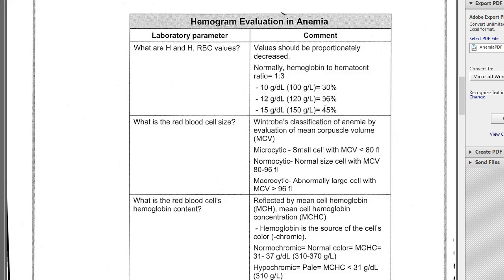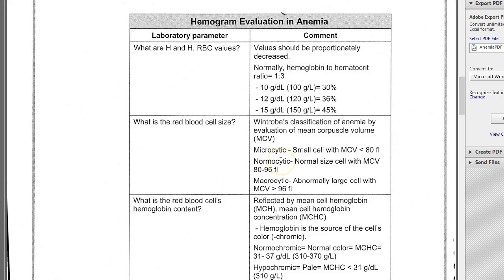Next thing we're going to get to is red blood cell size. There's something called Weintraub's classification of anemia by evaluation of MCVs. I'll put up an algorithm here in a minute that really is one of the gold standards, and this is one of the things that we use to evaluate our different anemias: we look at the MCVs, rely heavily on them.